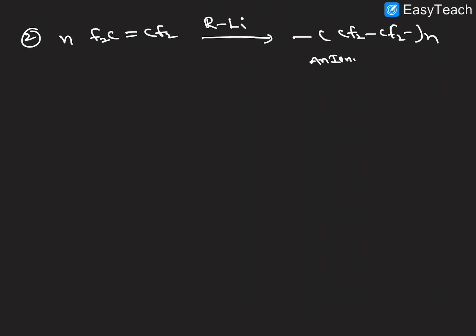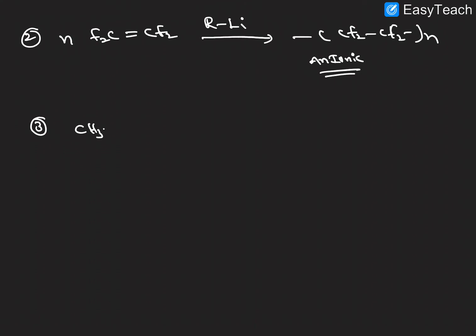The second example here, n number of F2C double bond CF2 in the presence of alkyl lithium. Polymerization also takes place, giving CF2 single bond CF2, n number of times. This follows an anionic mechanism.